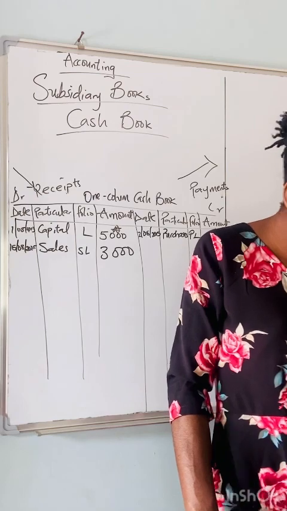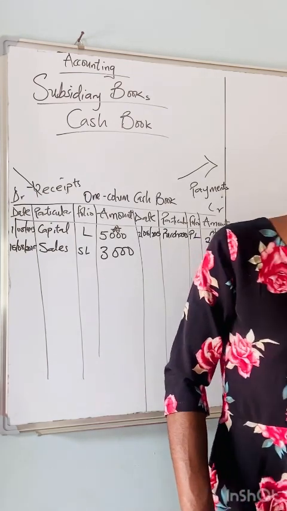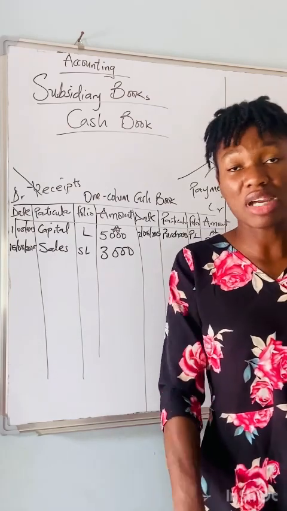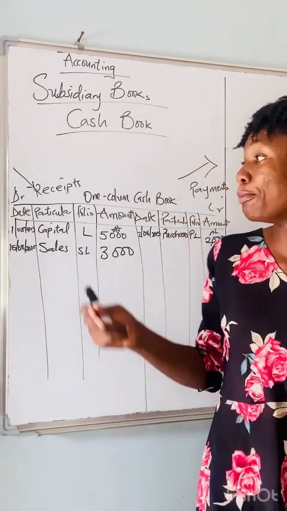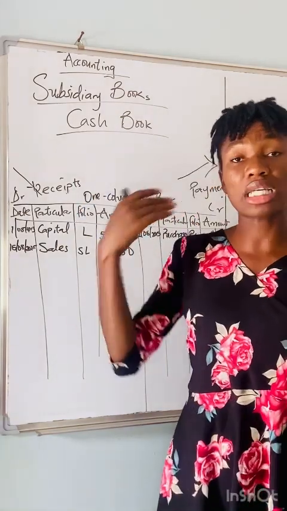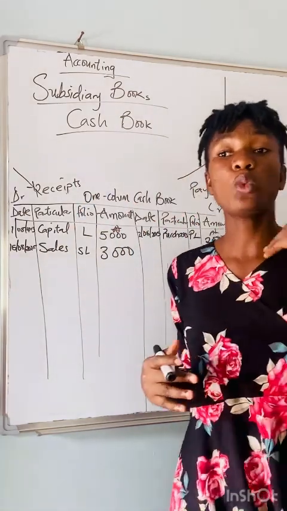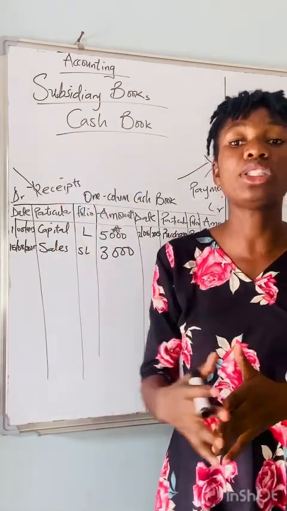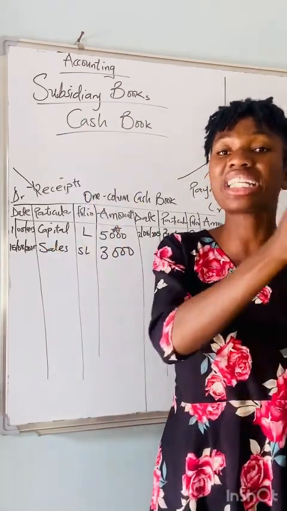So the next one is on the 20th of August, we paid wages by cash. That means money was leaving the business, and money leaving the business will be credited. So we must be able to analyze that. When we pay wages, money is leaving us to the worker. The business is paying the worker, so money is going out.